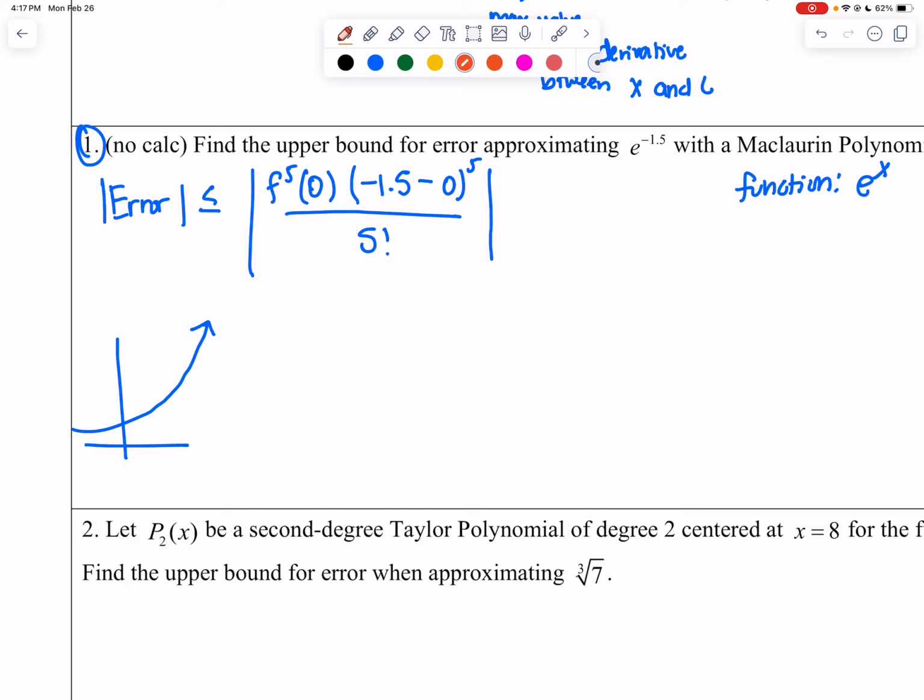So now my error is going to be less than or equal to 1 times negative 1.5 to the fifth over 5 factorial. And there you go. Now, what is that on the calculator? I don't know. You just got to figure that out on your own since this is no calc, and I didn't do that on my thing.